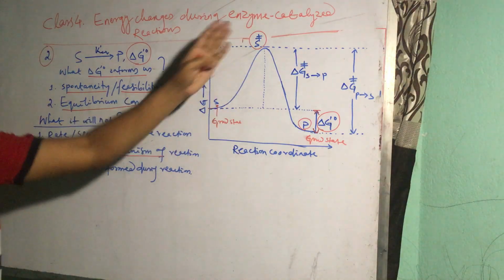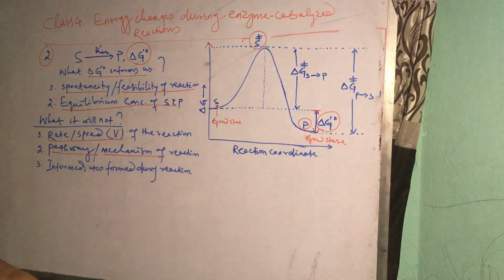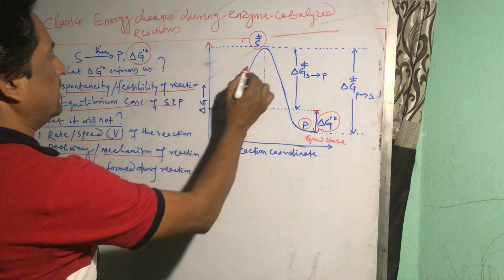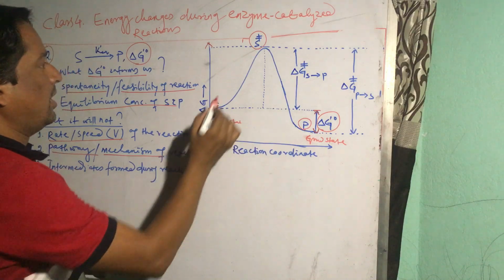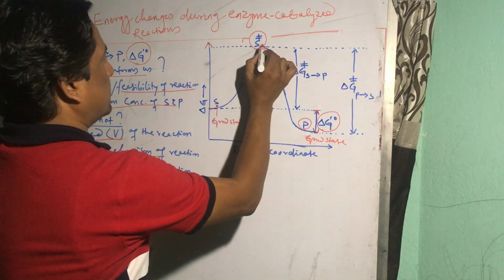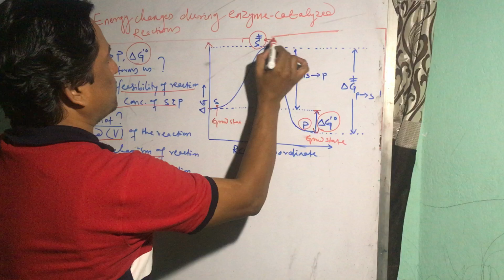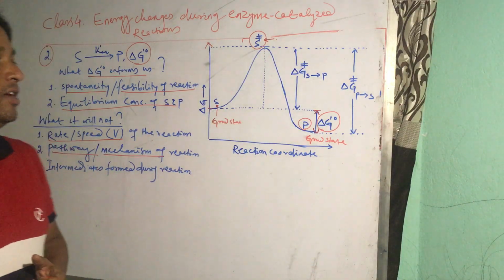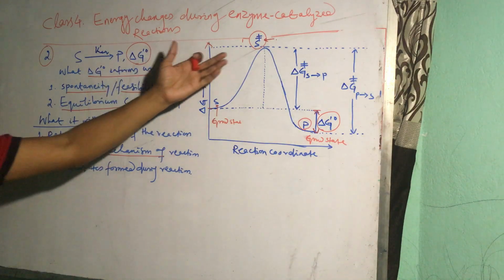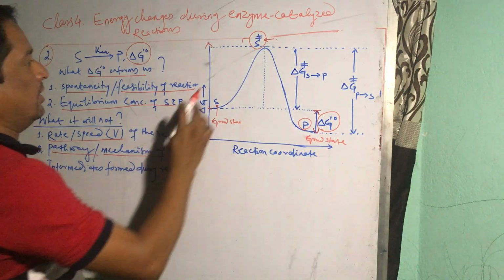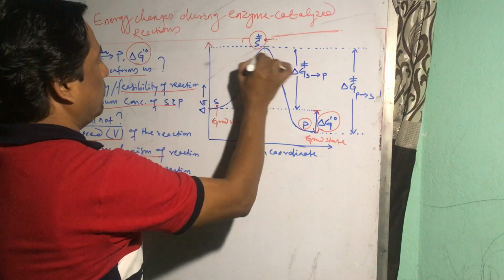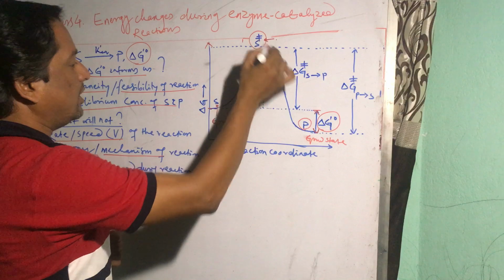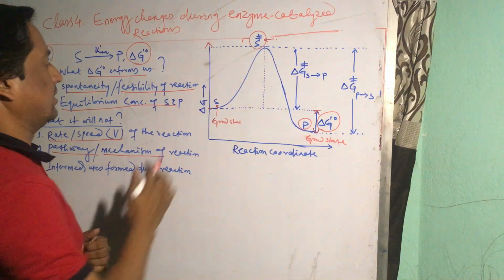We have already seen in the introduction class that this energy barrier has to be crossed, and this state, which is the highest energy species created during the reaction, is called the transition state. We'll be looking at the transition state in more detail. This is the highest energy species that determines the speed of the reaction.